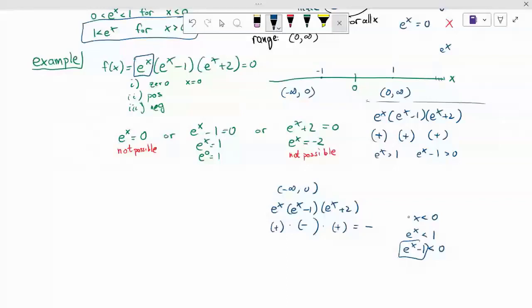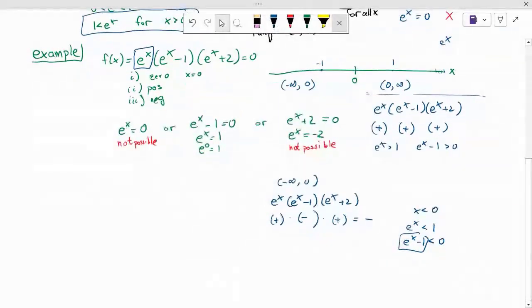Okay, so we have two good questions. Somebody wanted to know, how do we know that e to the x minus 1 is positive or negative? So we know that at x equals 0, e to the 0 is just positive 1.